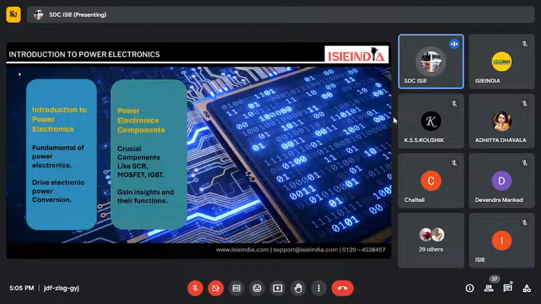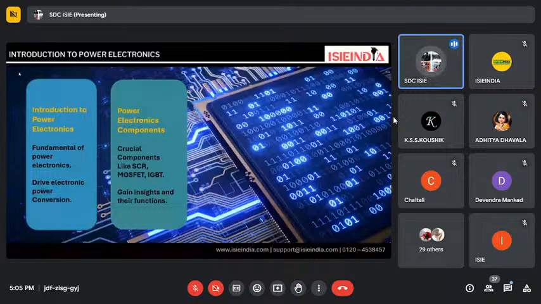But in EVs, they are being designed and developed for a much wider voltage range, so it can improve the lifespan and reduce the maintenance cost.